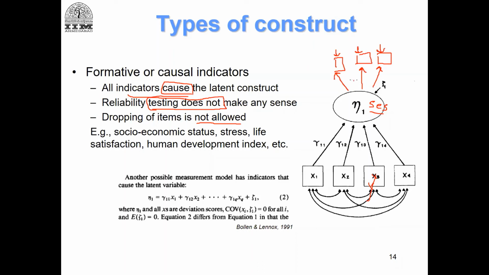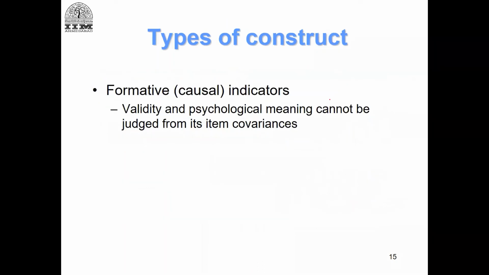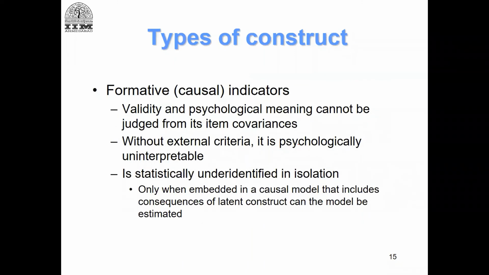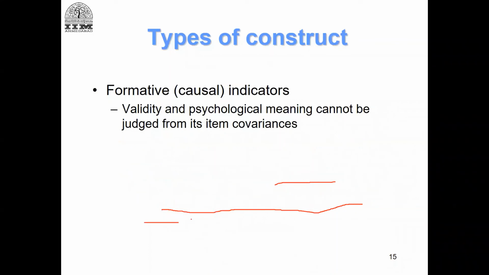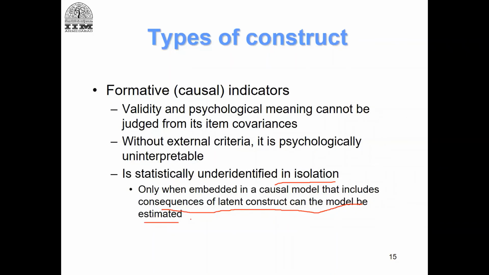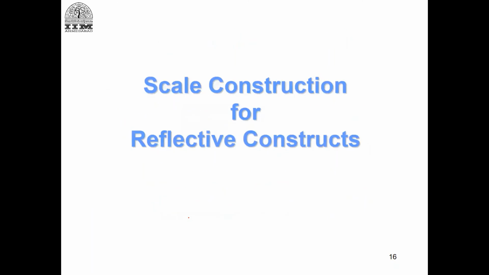Otherwise, this cannot be estimated, right? And it is statistically under-identified in isolation. Only when embedded in a causal model that includes, as I mentioned, consequences of latent constructs can the model be estimated.